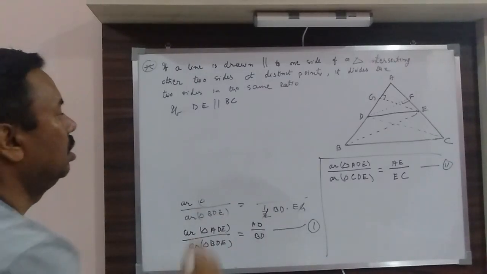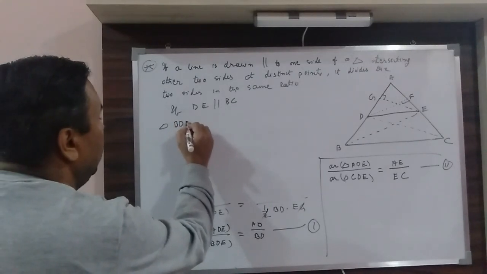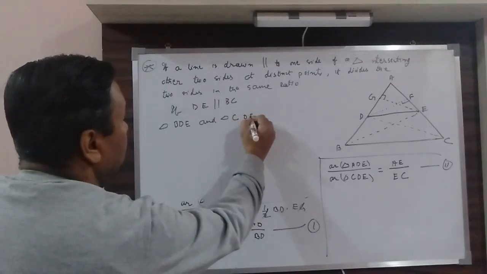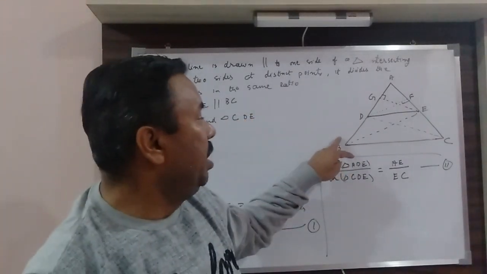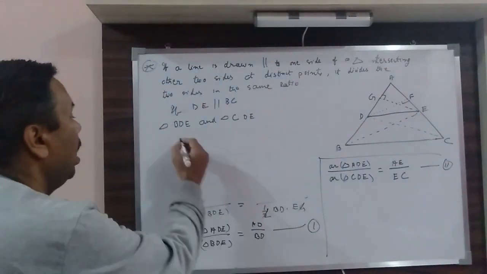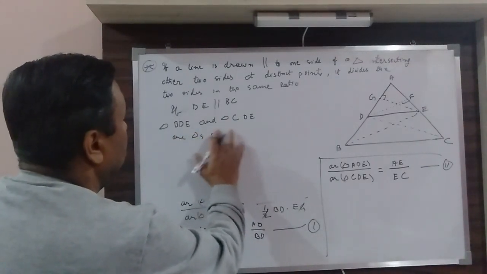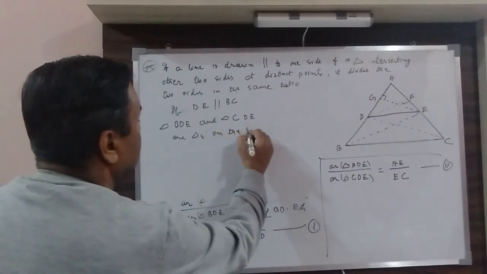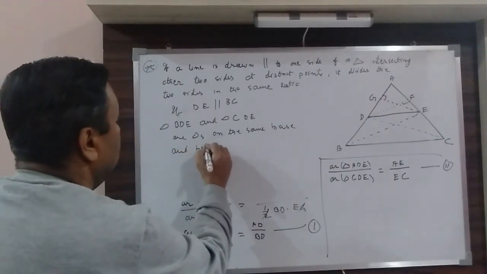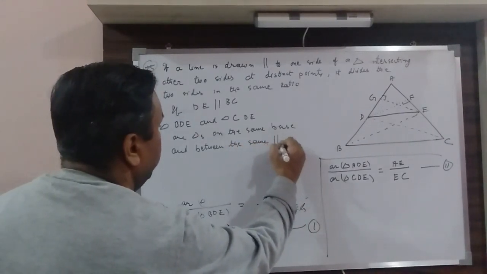That means triangle BDE and triangle CDE, just look at it, these are triangles on the same base and between the same parallel lines.